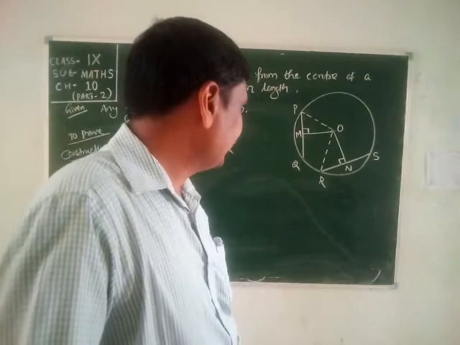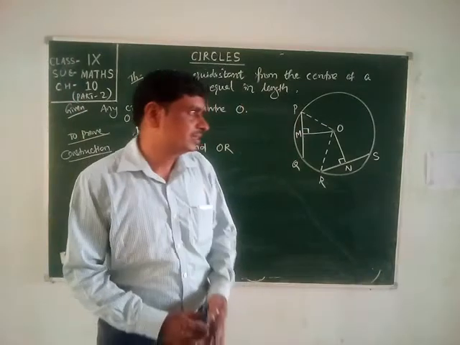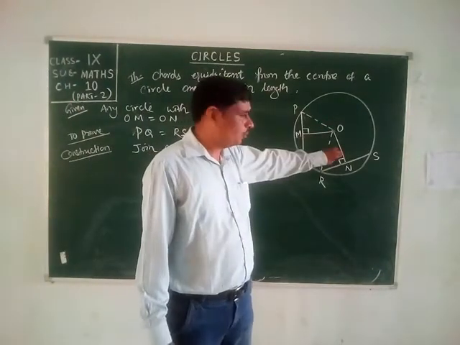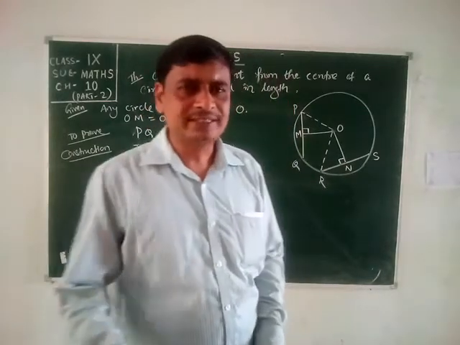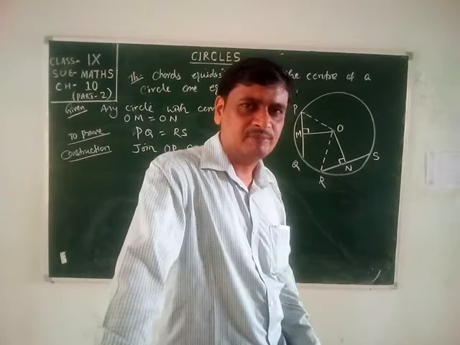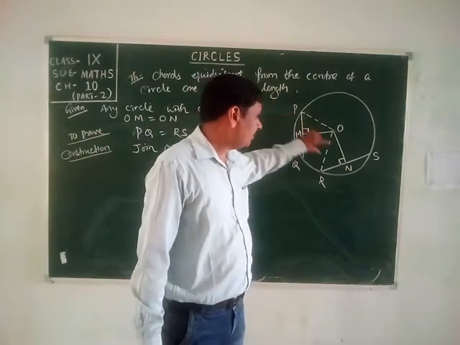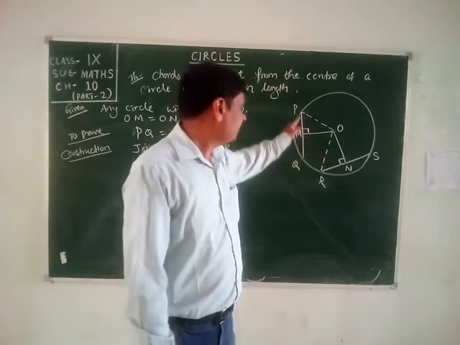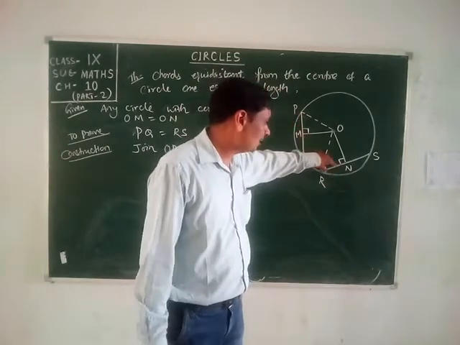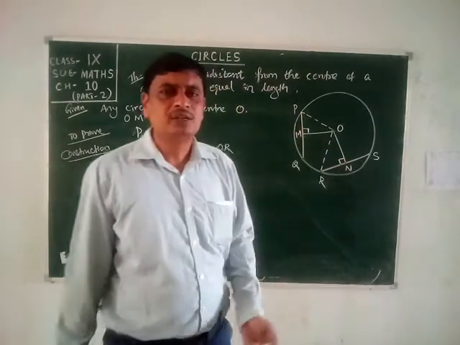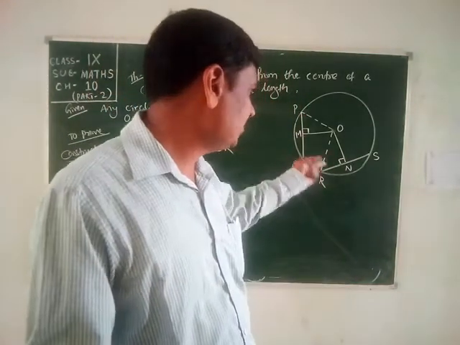We will get two triangles OPM and ORN. OPM and ORN are two triangles formed by joining OP and OR. If we make both the triangles congruent, then we can say PM and RN will be equal. If PM and RN become equal, then 2 times PM and 2 times RN will also be equal. 2 times PM becomes PQ and 2 times RN becomes RS.